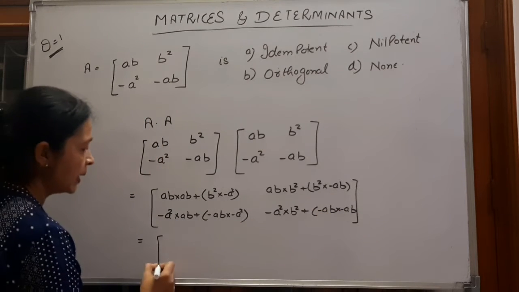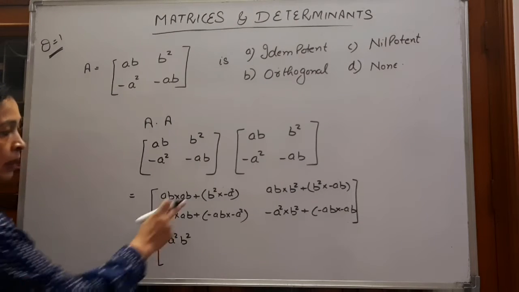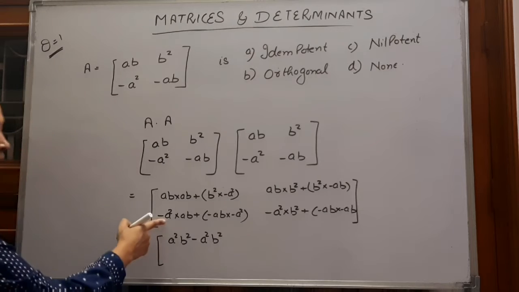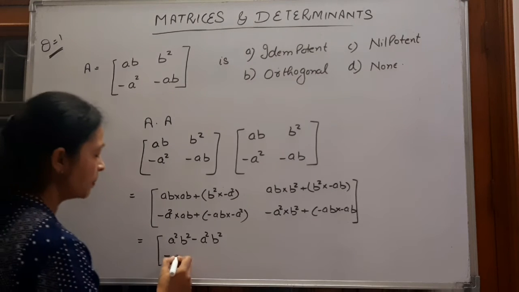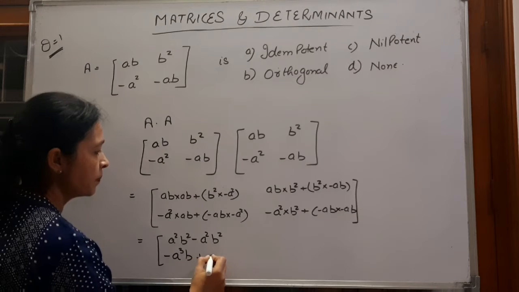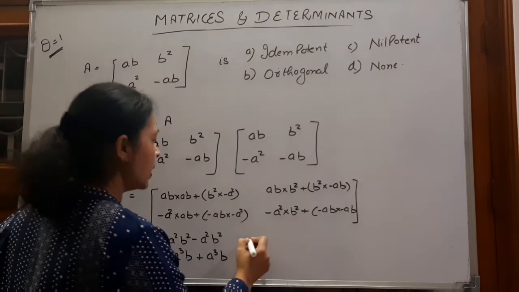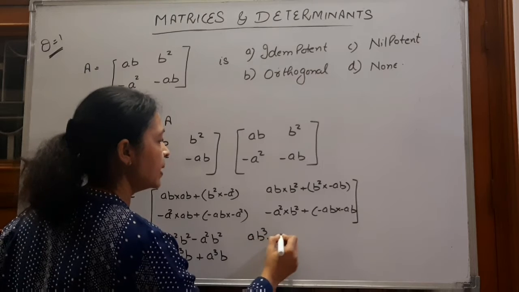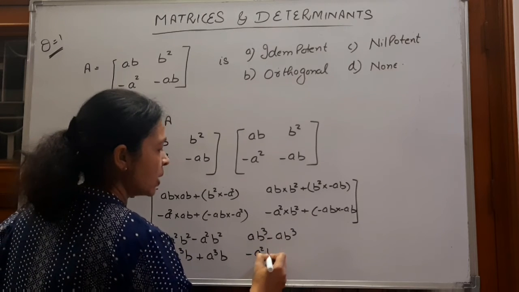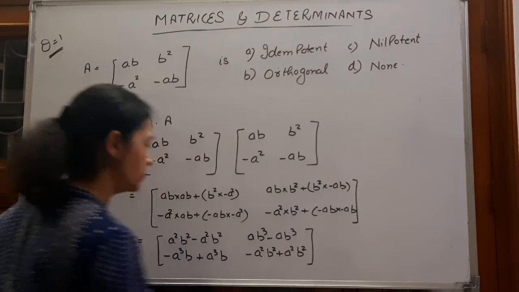What do we get? AB into AB, A square B square, plus minus minus A square B square. Here minus A square into AB, minus A cube B, minus and minus plus A cube B. AB into B square, AB cube minus AB cube, minus A square B square plus A square B square.